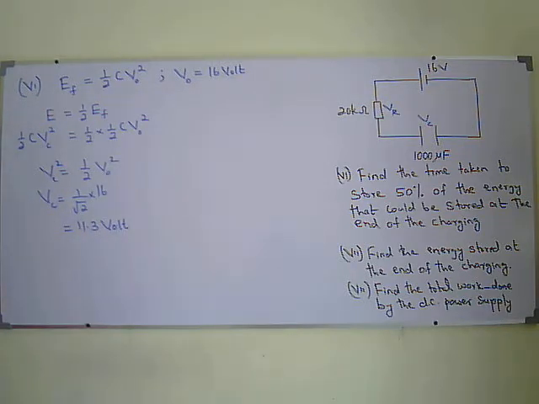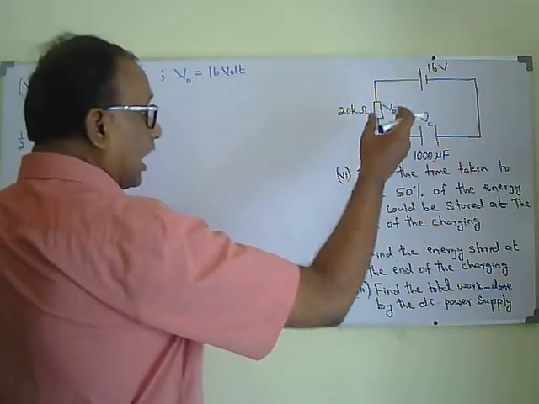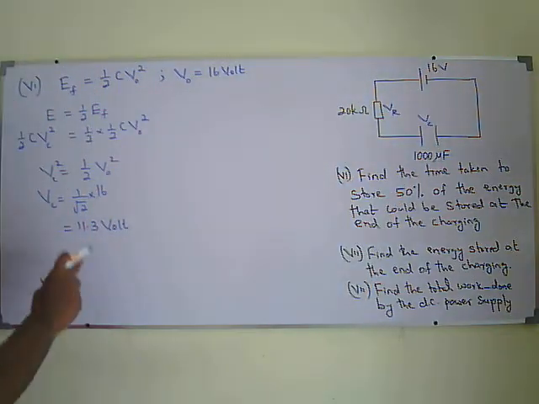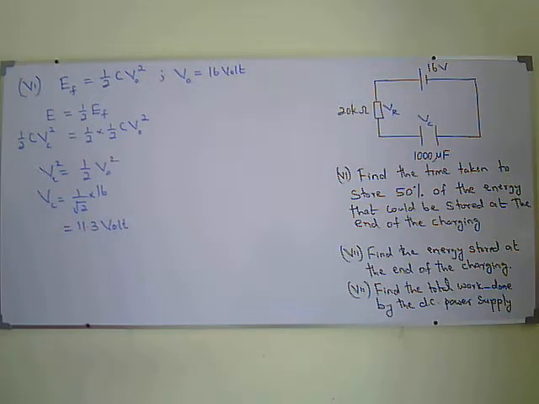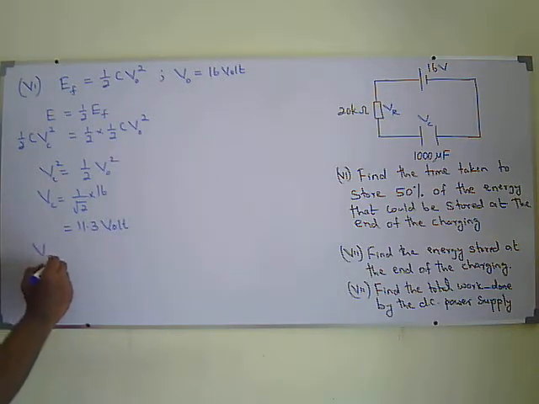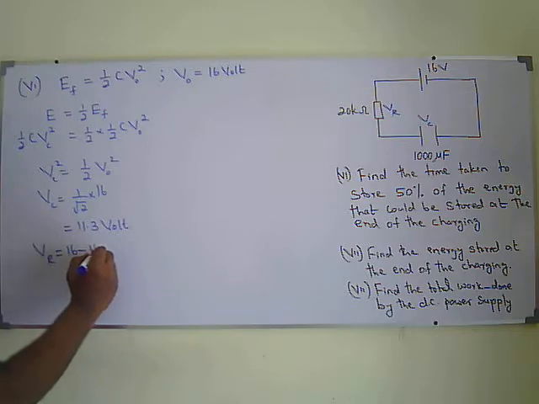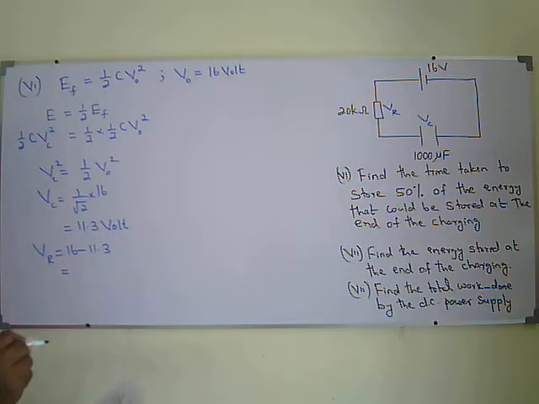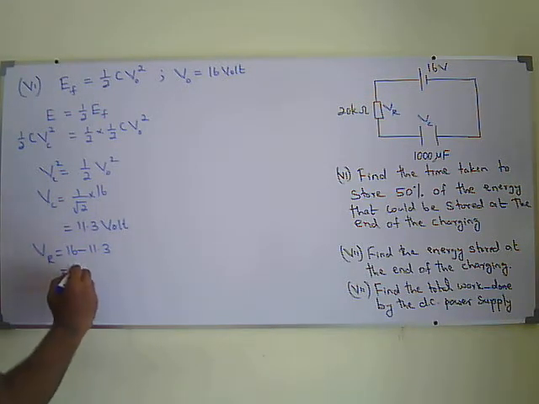So the voltage across the capacitor will become 11.3 when the energy stored in it becomes half of the final energy. When the voltage across the capacitor is 11.3, the voltage across the resistor will be equal to 16 minus 11.3, that will be equal to 4.7 volt.